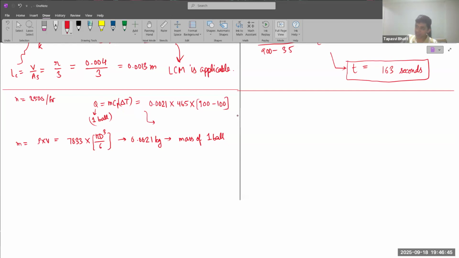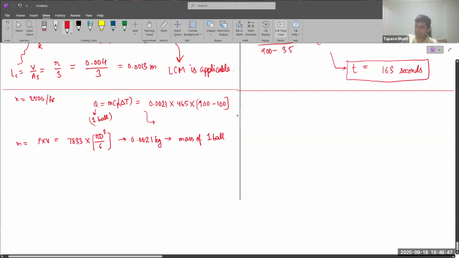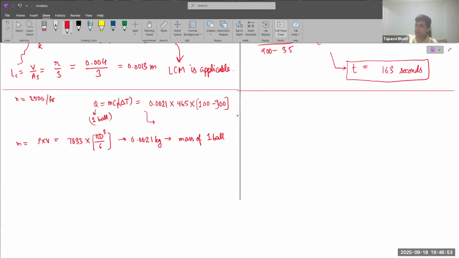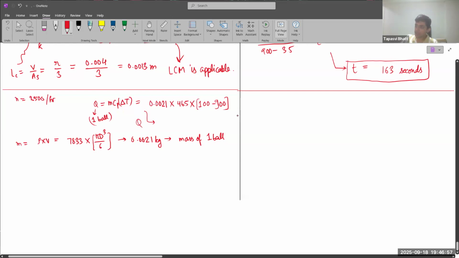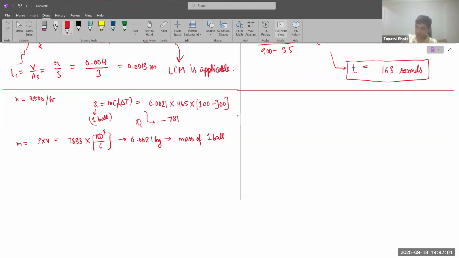It is T final minus T initial, right? So it is 100 minus 900. So from this, you're going to get Q as minus 781. Everything was in SI units, so Q is also going to be in SI units, which is joules.